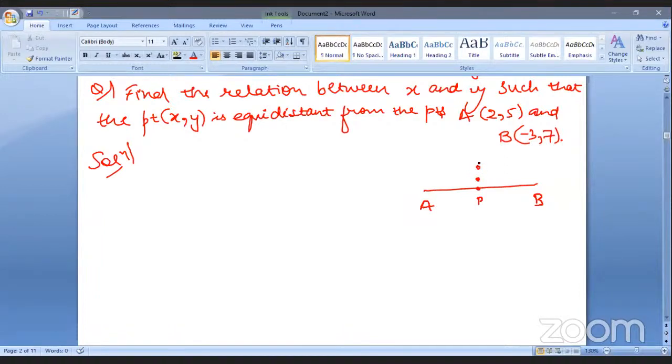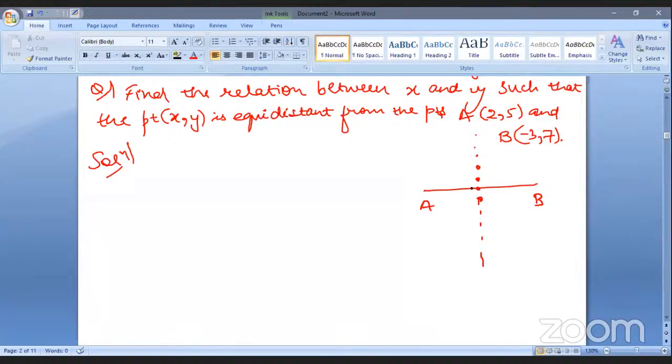This point is equidistant, and infinite points going up in this line, infinite points going down, all of them are equidistant. So this one thing you should all remember, that this whole line would have infinite points which would be equidistant from these points.